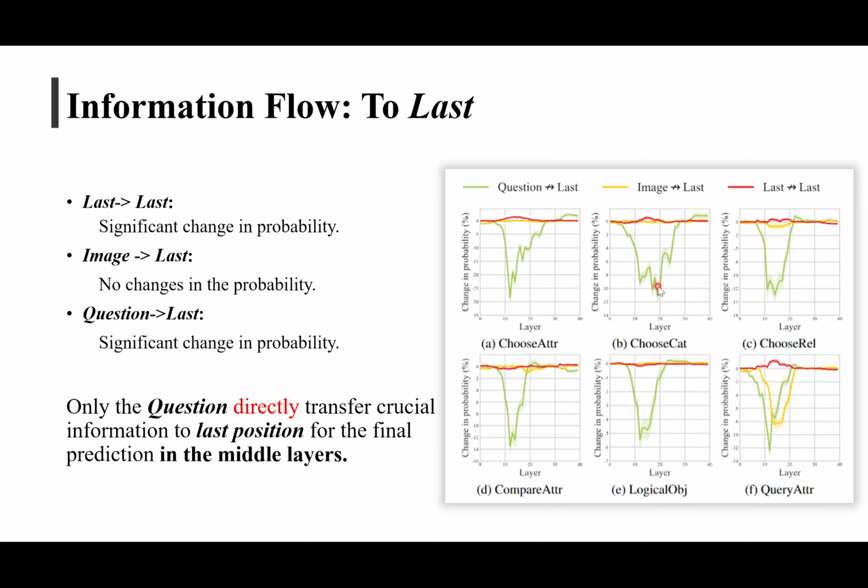That means there is information flow from the question to the last token, and it occurs around the middle 20 layers.